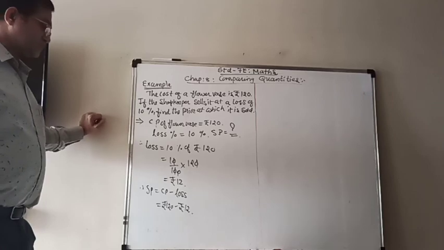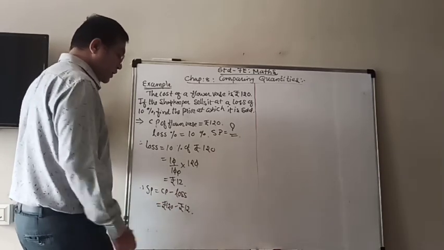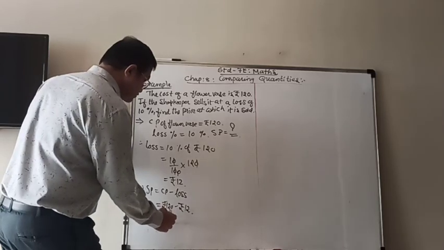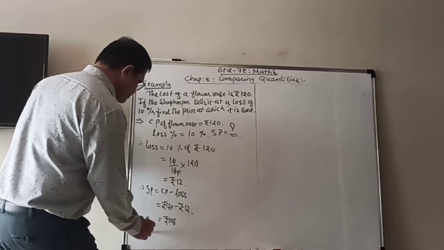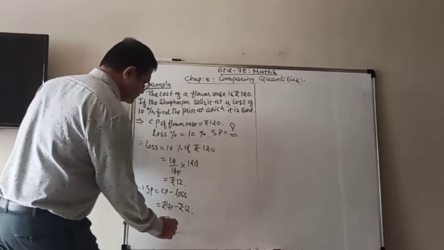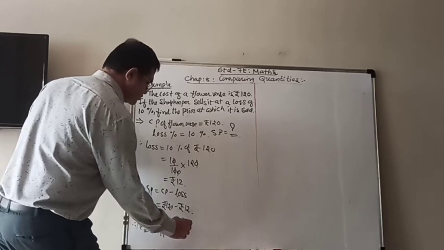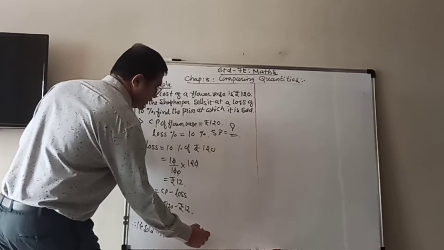If you subtract 12 from 120, you get 108. So rupees 108. Therefore, he sold the flower vase at rupees 108.